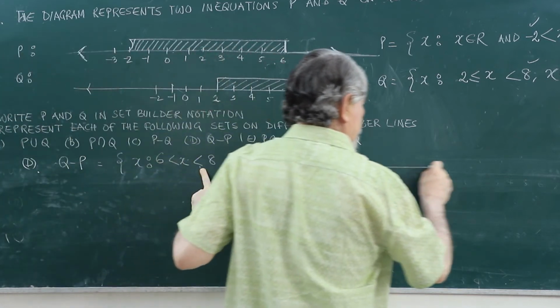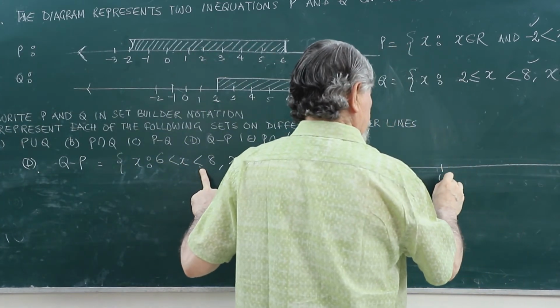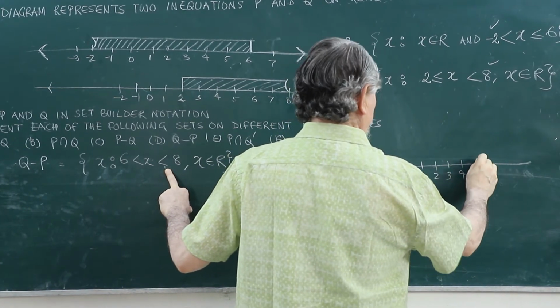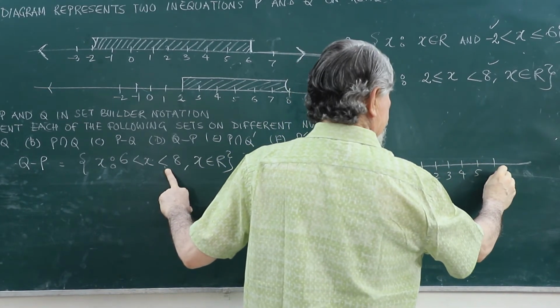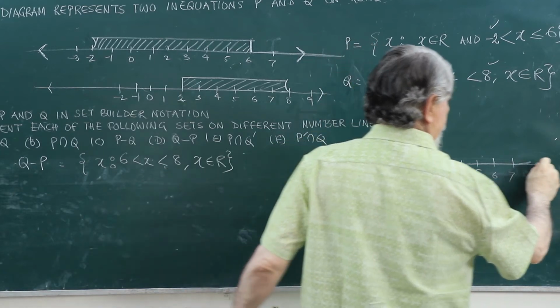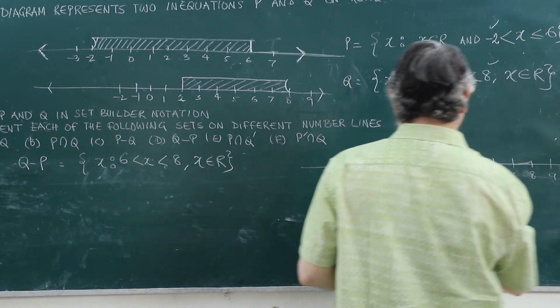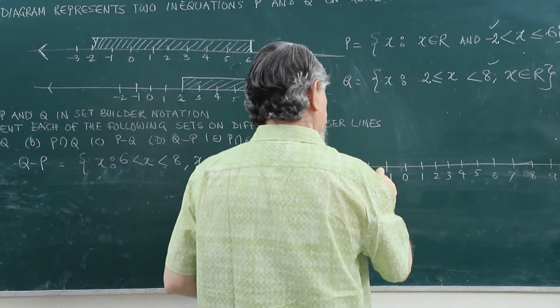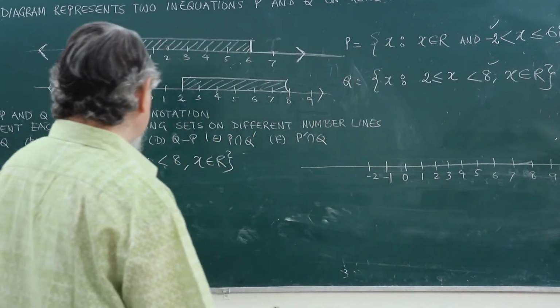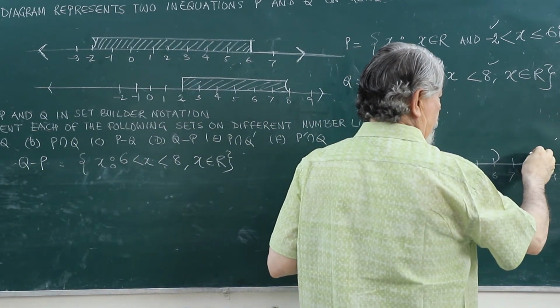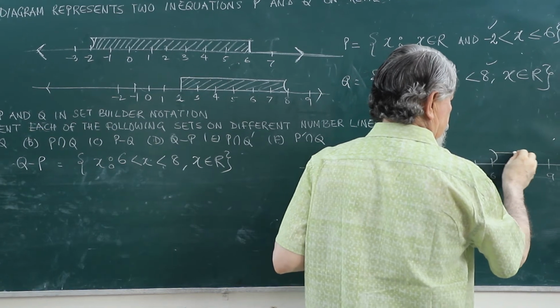Let me plot that. 0, 1, 2, 3, 4, 5, 6, 7, 8, 9, -1, -2. Now it is greater than 6 and less than 8.